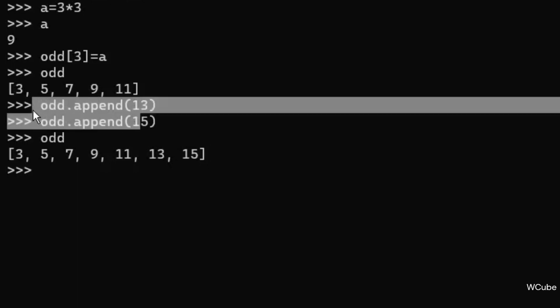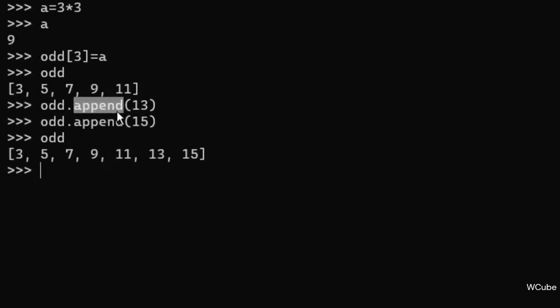The append method adds the element within the parentheses to the object it refers to. Likewise, there are other operations like insert, delete, pop, etc. Using slicing, we can also change a list of elements. Let me see further examples.